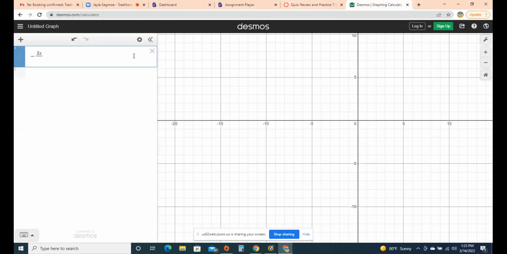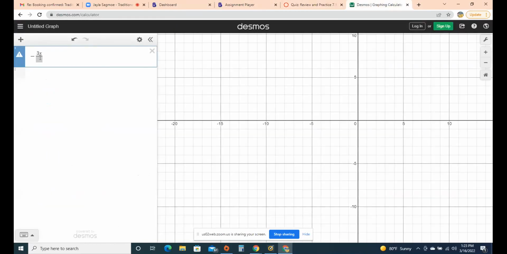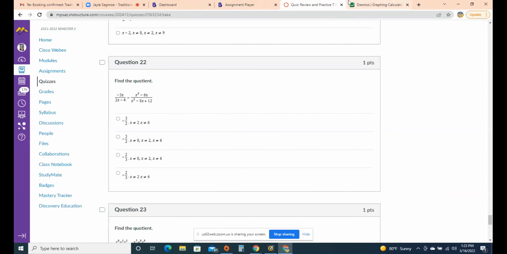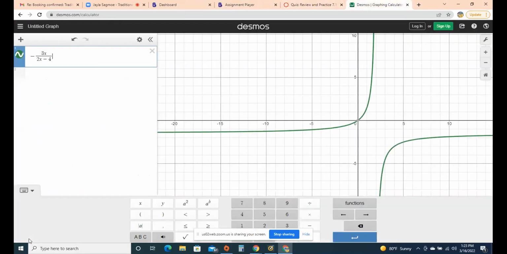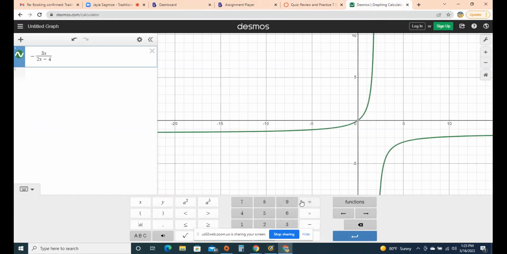I didn't see it, but it's 2x minus 4. And then it's going to say divide. So the way this will work in Desmos is if you hit divide there, and see, this is where I don't necessarily like.